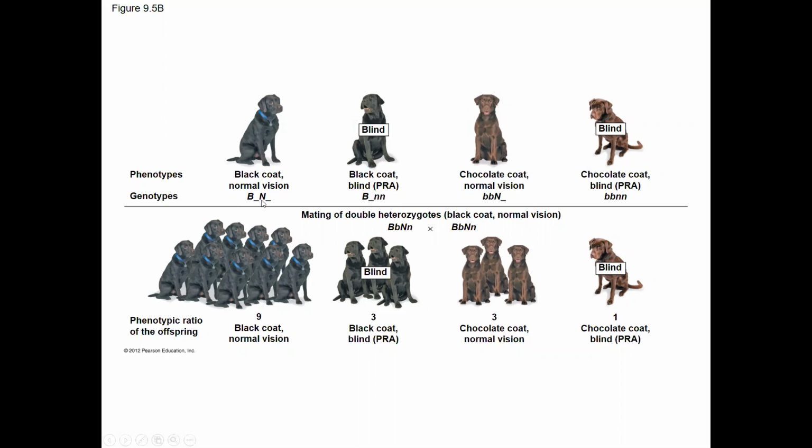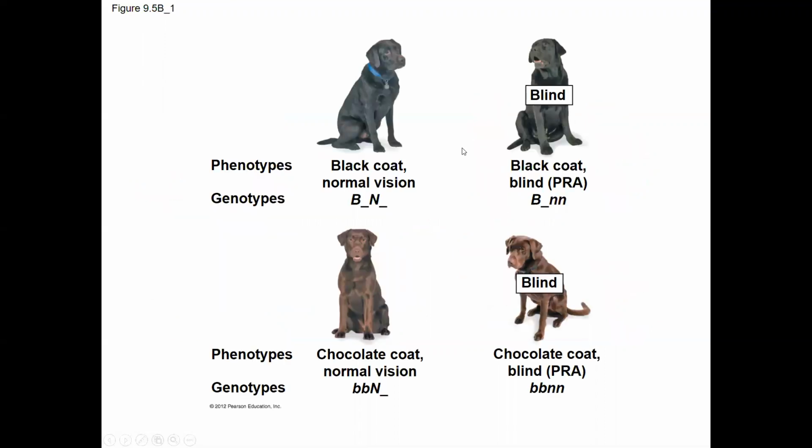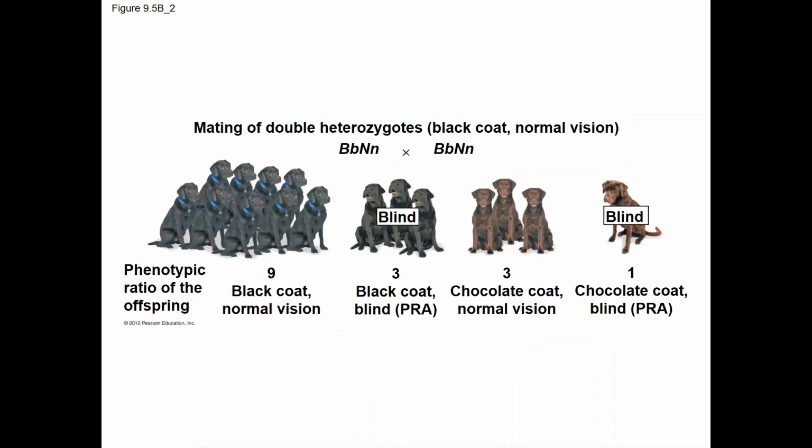So this dog here has two dominant alleles for each trait, compared to the black coat with blindness, which has one dominant allele for a black coat and recessive alleles for blindness. The same is true for the chocolate coat with normal vision, and the chocolate coat with blindness is the only individual that should have recessive alleles for both its traits.